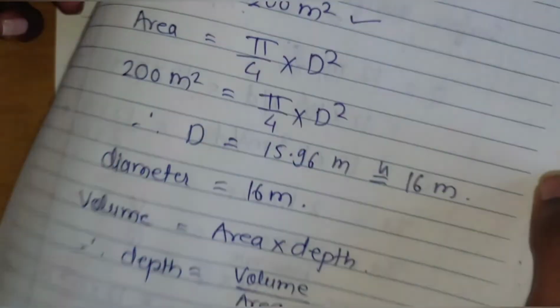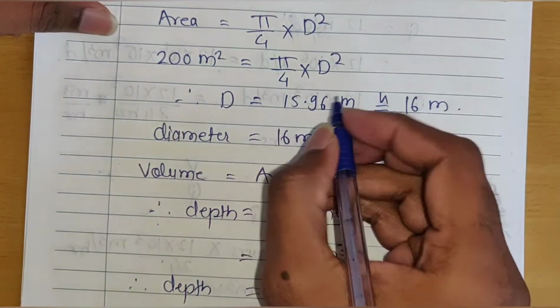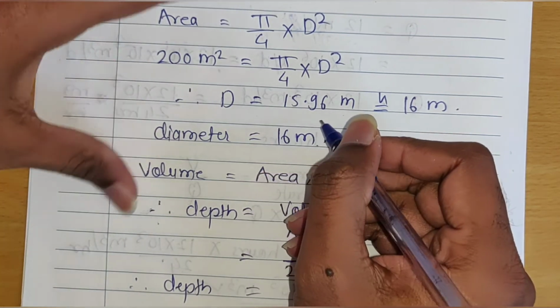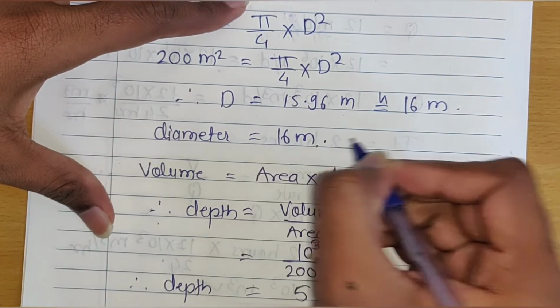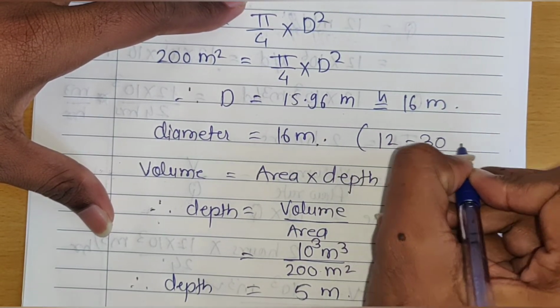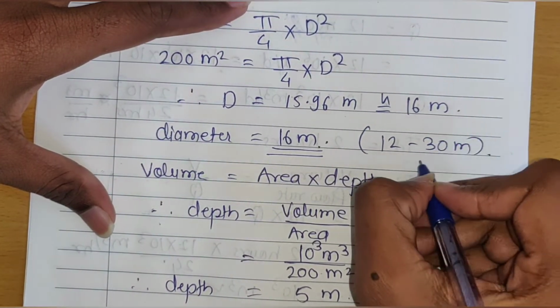And here the diameter which we found is 16 meter, and as per the CPHEEO manual the value for the diameter of primary sedimentation tank should be in between 12 to 30 meter. That's why our design is okay.